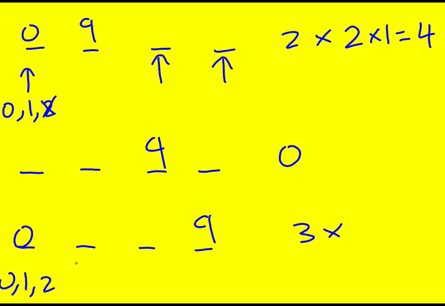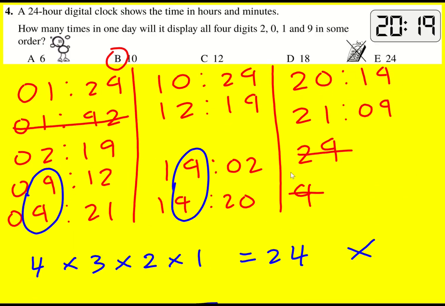I can put a 2 or a 1 here, so there's going to be 2 options. But then I'm restricted, there's only one option after that. So there's 6 options here. And what I would do then is add those two numbers together to give 10. And you can see again here are all the other ways, there's 6 ways that I can have 9 in the fourth place.